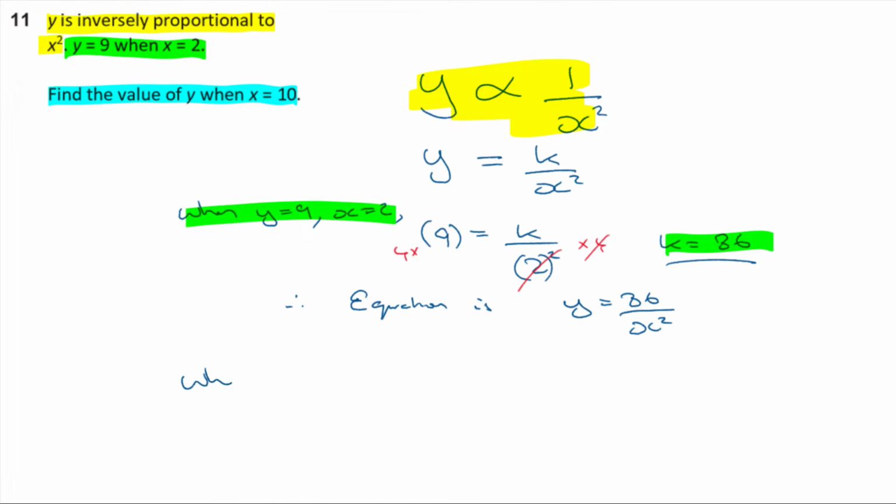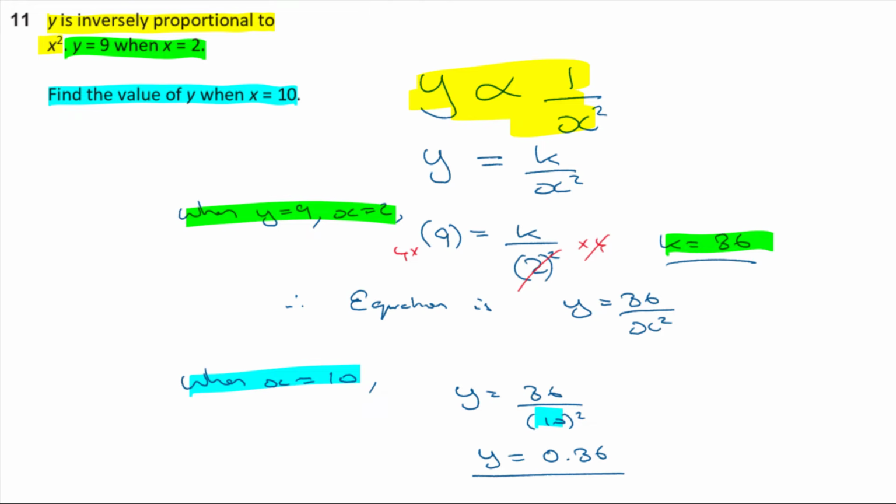So when x is equal to 10, y is going to be 36 divided by 10 squared. Just subbing that value in. So y equals 36 over 100. We could leave it as a fraction like that, or you could write it as 0.36. Either way, that's the answer.